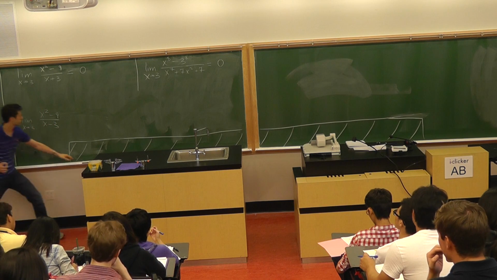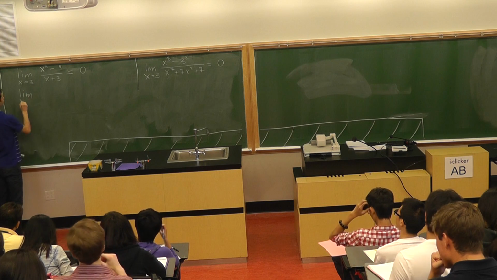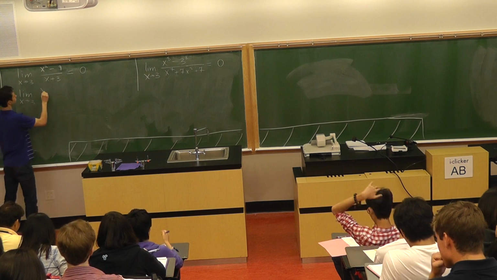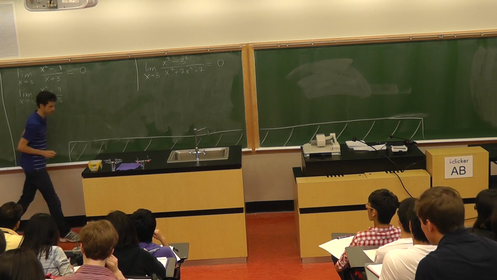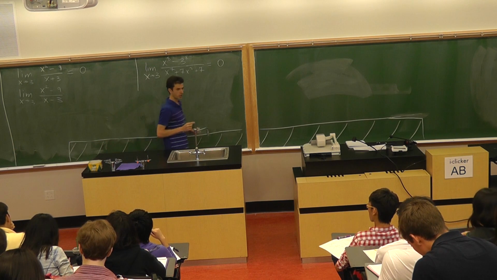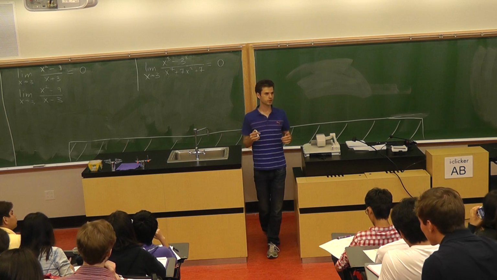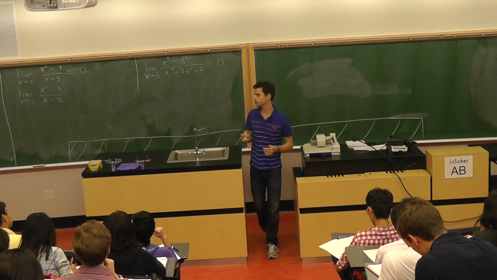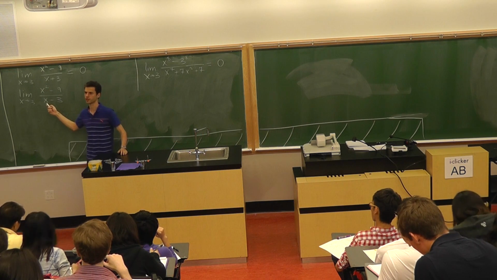For this example, let me move it a little bit higher. In all examples, we have to start with the same reasoning. We have to argue what the numerator is like and what the denominator is like.